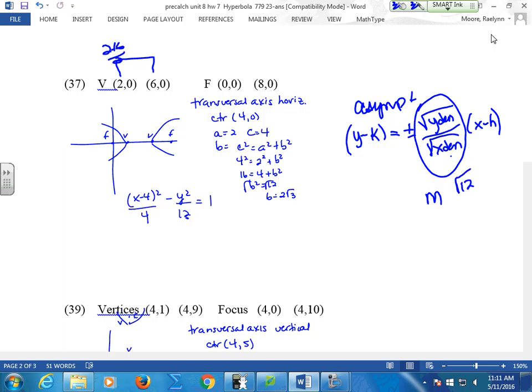We take the square root of the x denominator. This is my slope. That's what's going to go in here. Yes, I'm going to have to reduce this, so I can reduce this down. But this is how I get my asymptotes equation. So all we're doing is just reversing that process.